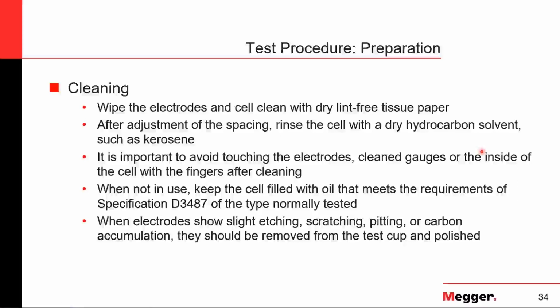Also, the electrodes should be in good condition. If you see any etching, scratching, or carbon accumulation on the electrodes because of the measurements, remove them and have them polished, or just get a new pair of electrodes. The electrodes should be in excellent condition to get accurate results.